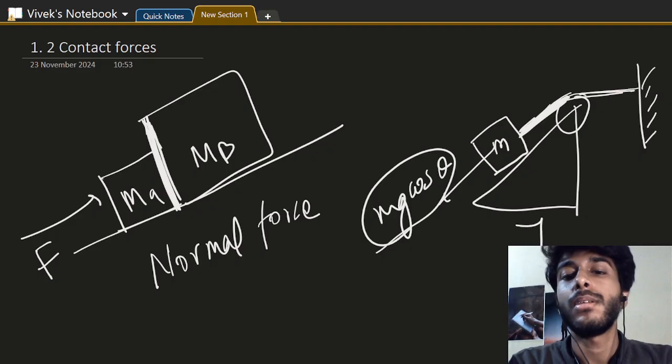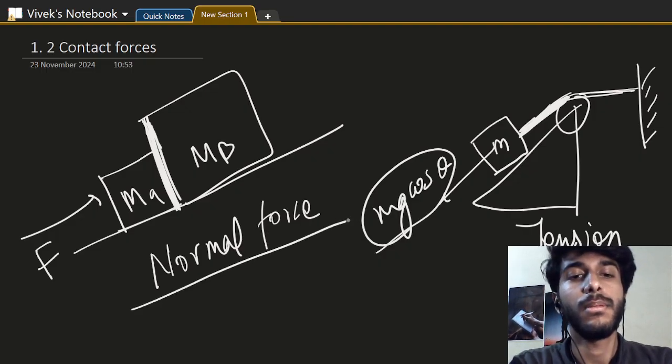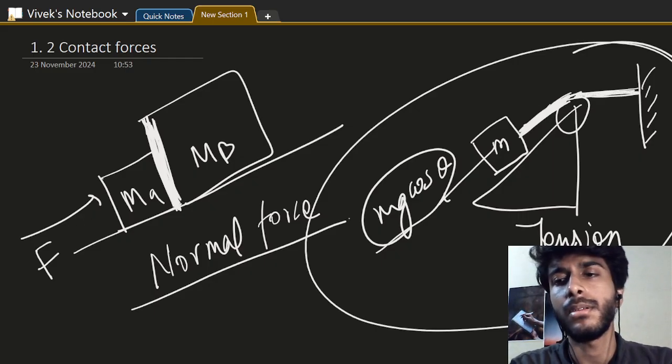So this is called tension force. We will study it in the next slide. I just want to say that in contact forces, there has to be certain contact between the two objects. In the first example, there was contact between ma and mb. In the second example, there was a string attached. So this comes under contact force.